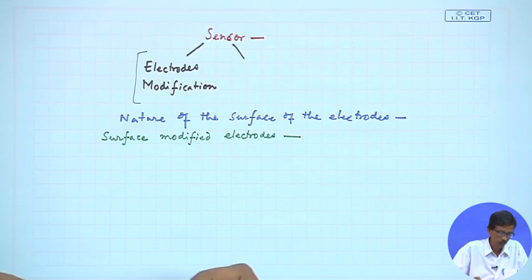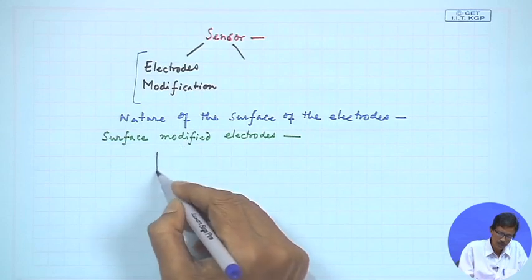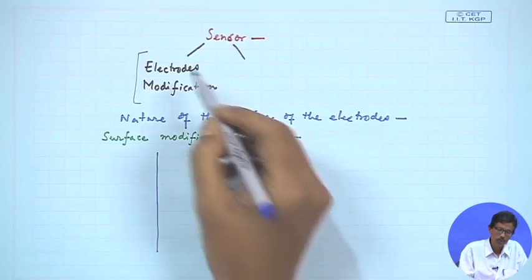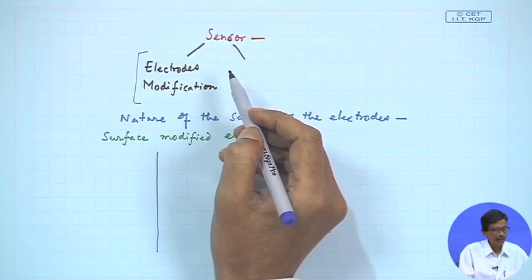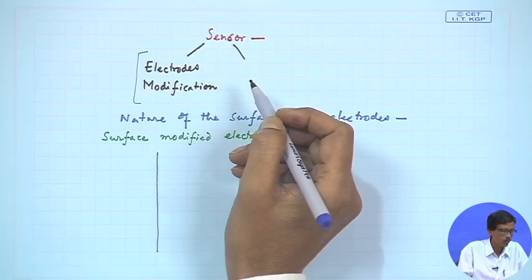Pictorially, we can identify this, because we should do something on the electrodes for their modification, and thereby increase the selectivity.